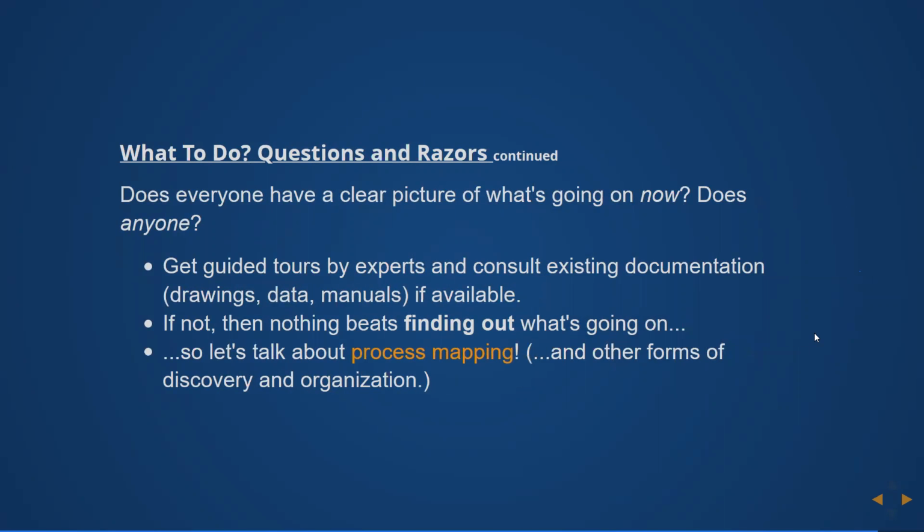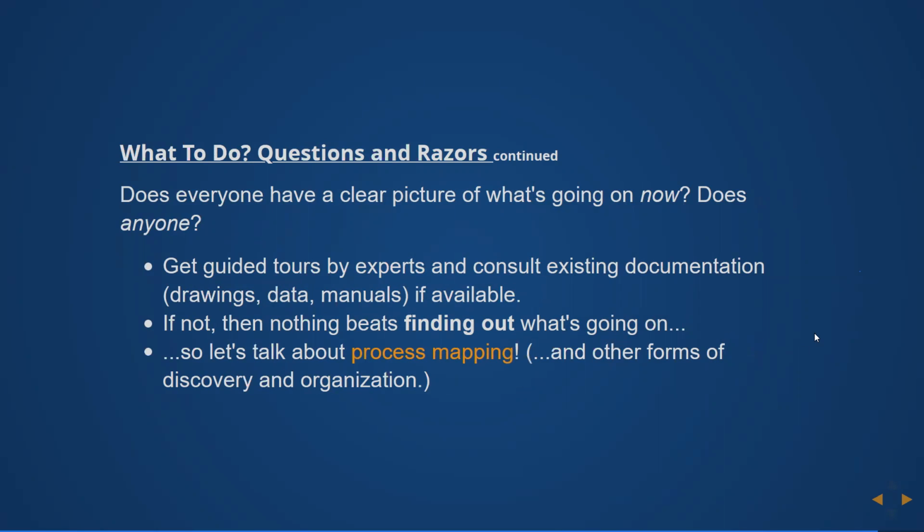Does anyone have a clear picture of what's going on now? Does anyone? So find out what's going on if you don't. And that's really what this whole presentation and series of questions is about.